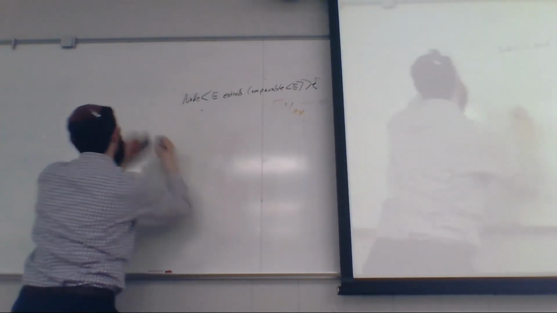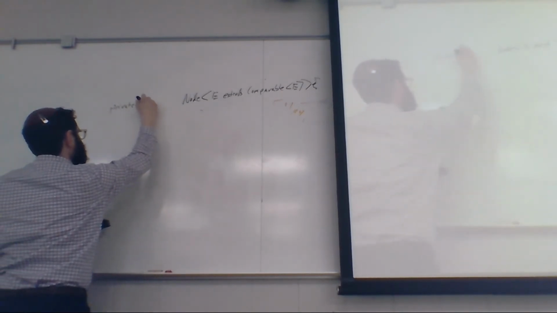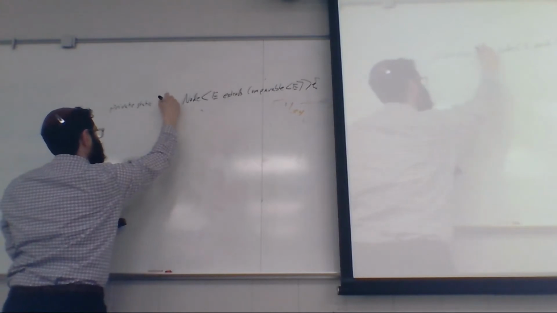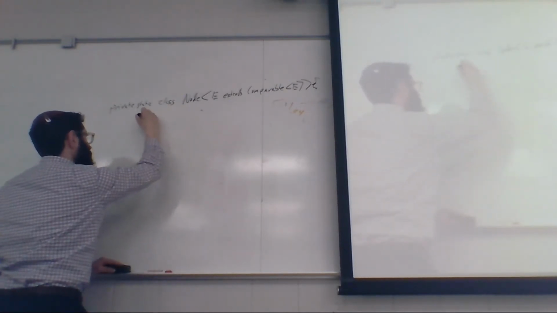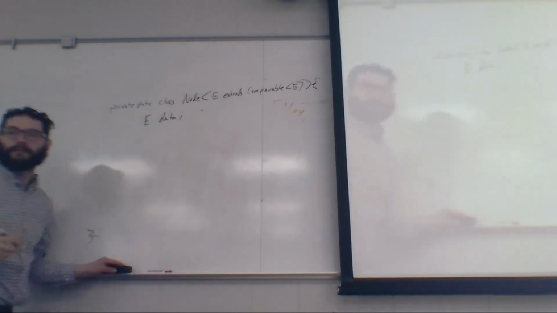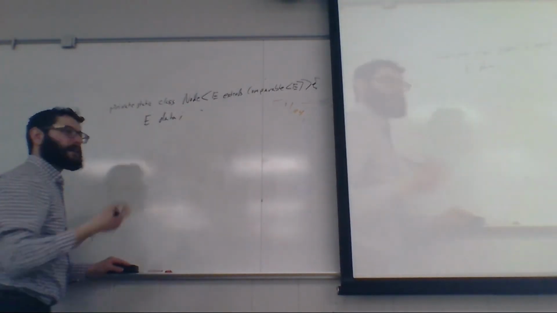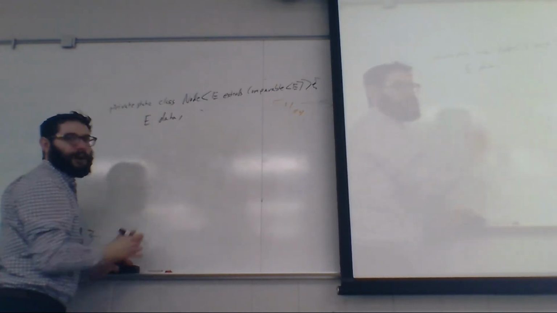Private static class Node. It will have, just like everything else, an E. I'm going to call it data rather than item this time around, just another way to make sure which node I'm talking about.